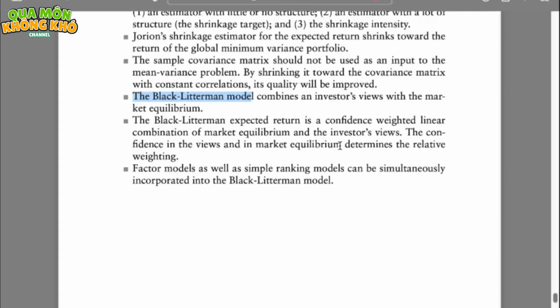And if we have an opinion on assets, we need to use the Black-Litterman tracking matrix to track those correlations and adjust the return according to the correlation of our assets. Okay.